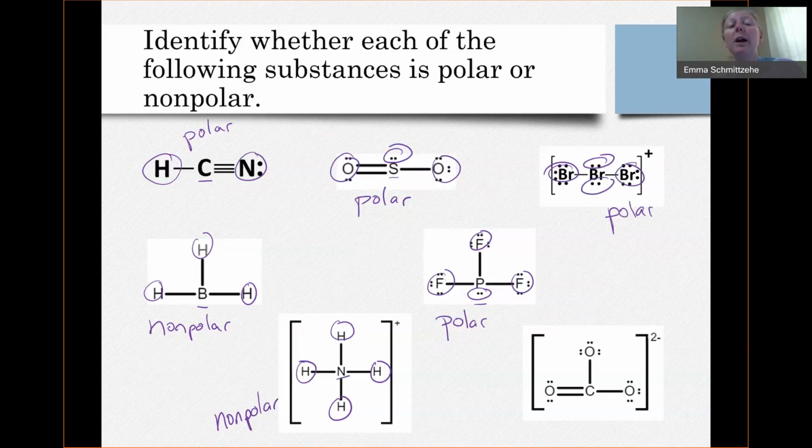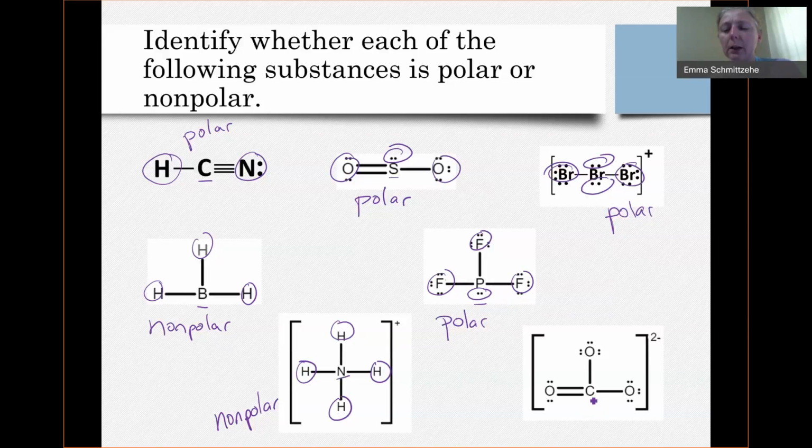So those lone pairs are actually only 109.5 degrees from one another, not 180. And so that makes it to where at one end you have a bunch of negative stuff, and at the other end you have these atoms. And so it's polar.